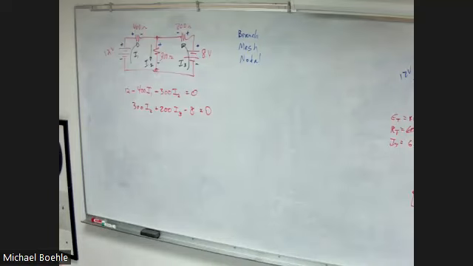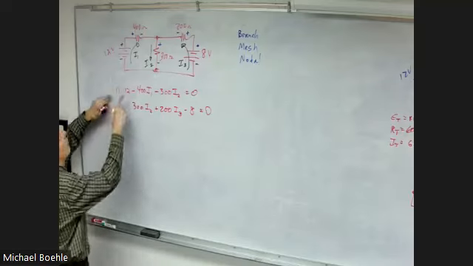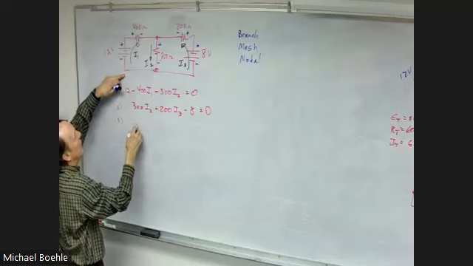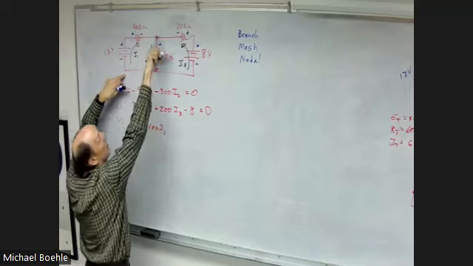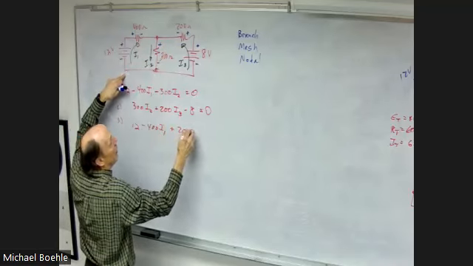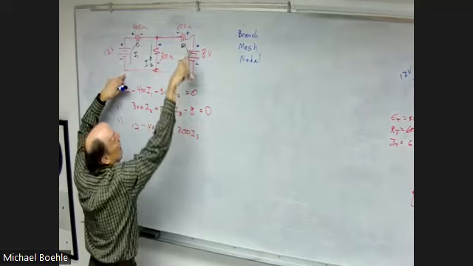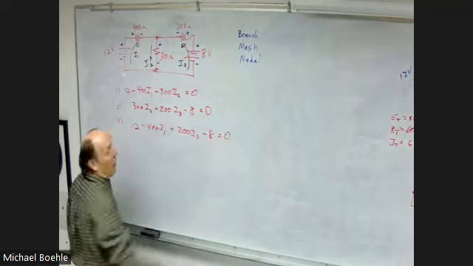We'll do the outside just to make my point. So that's equation 1, that's equation 2, third equation, we'll go around here: plus 12 minus 400 times current 1 plus 200 times current 3 minus 8. Now I'm back where I started. All that equals 0.